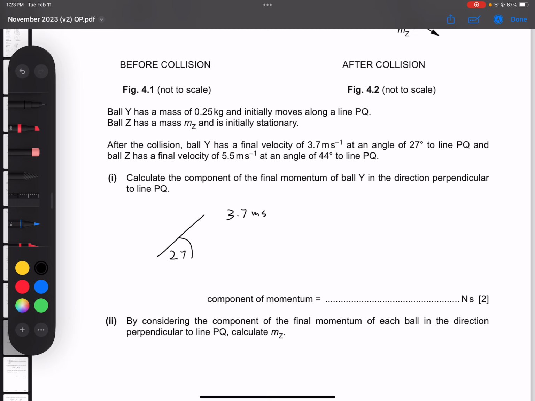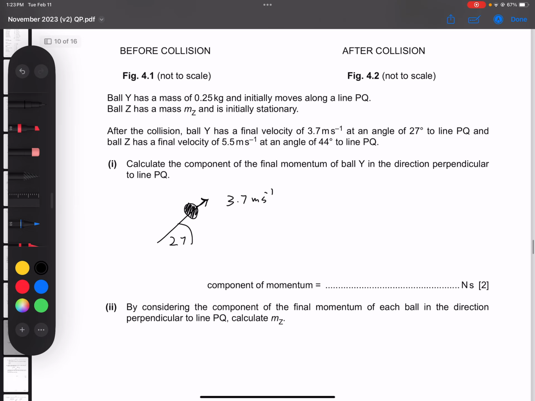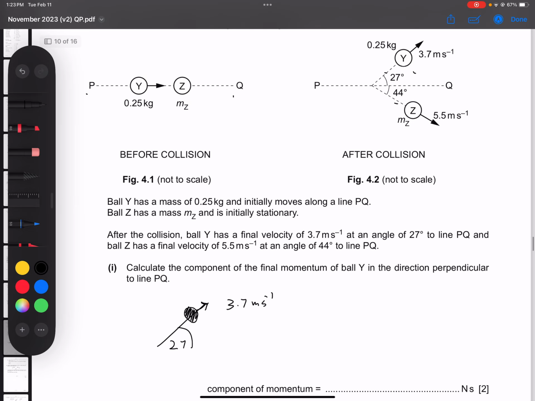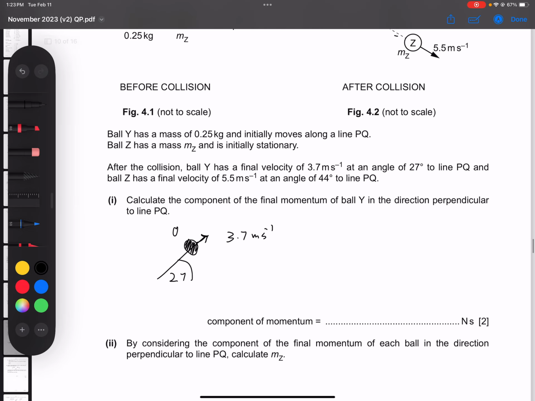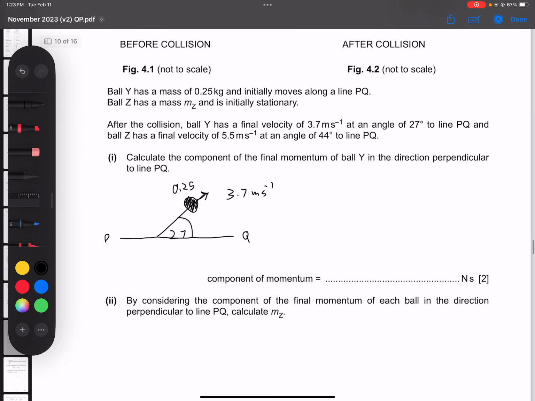3.7 meters per second, that's the velocity of the ball. So this arrow represents the velocity of the ball in that direction. The mass is a scalar quantity which we do not worry about, and they want the momentum perpendicular to PQ. That would just be the vertical component of the momentum, right?